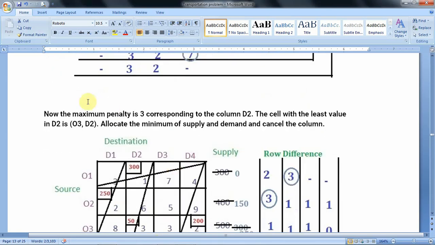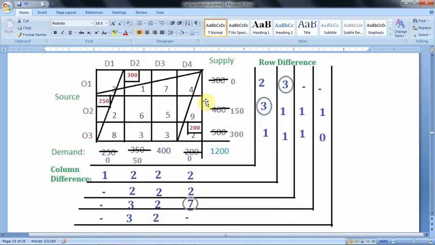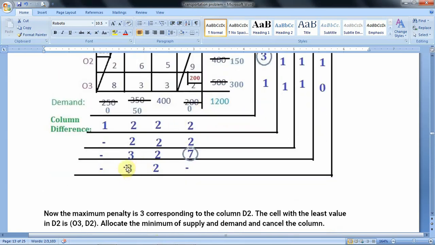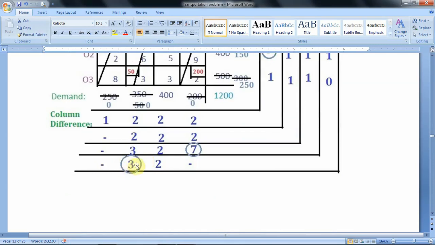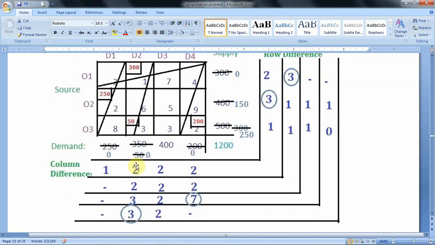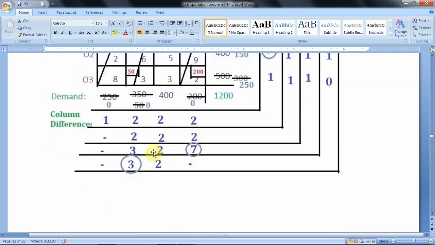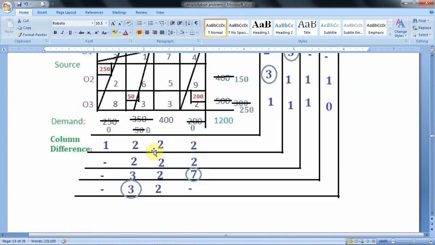So here the highest penalty is 3 units. So next allocate that column the maximum units, that is 50 units. So 50 units, that is over. All units are completed.